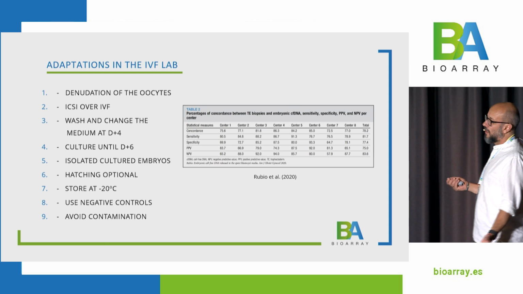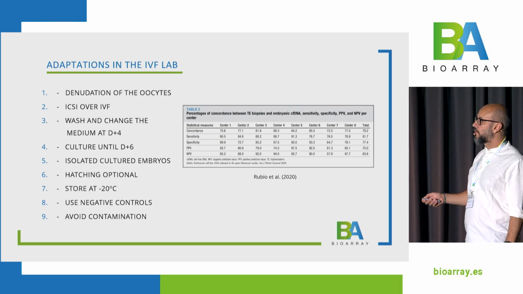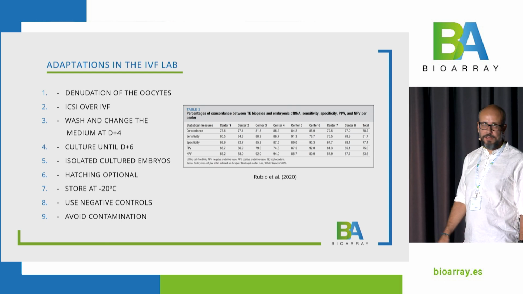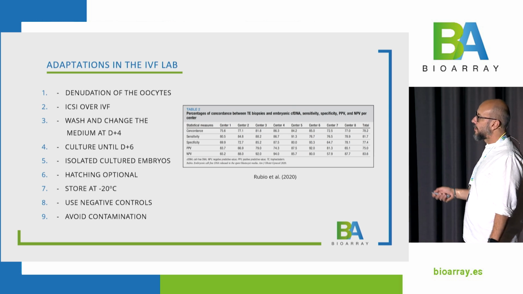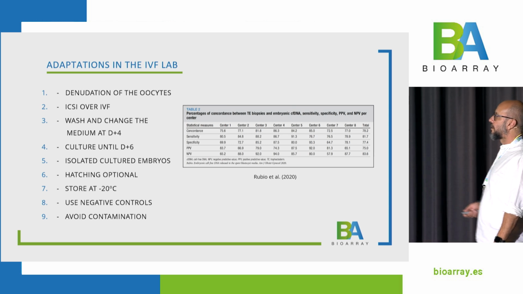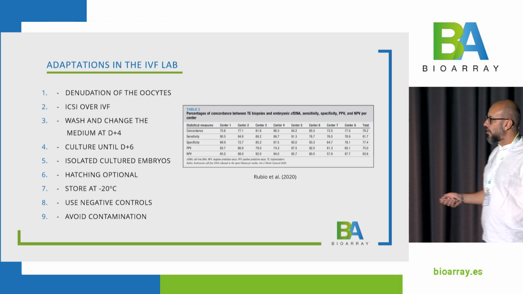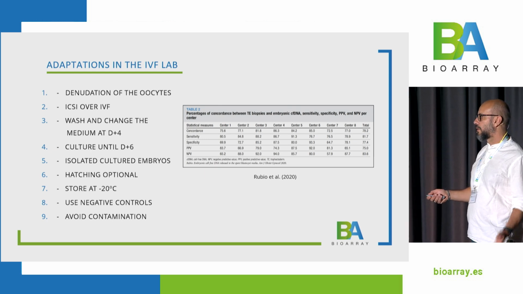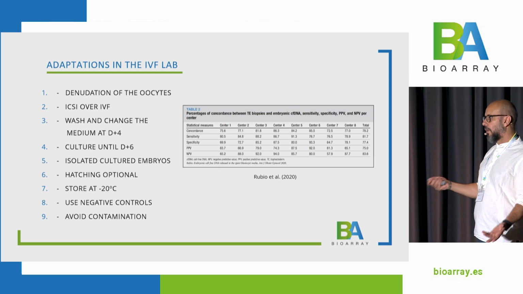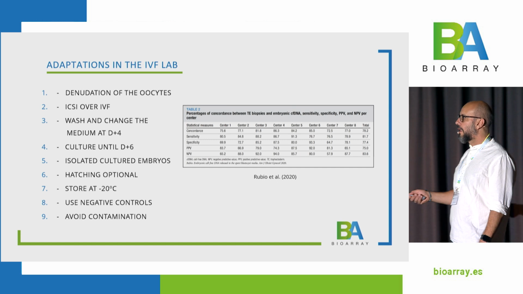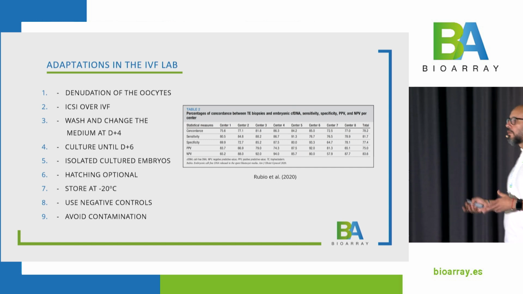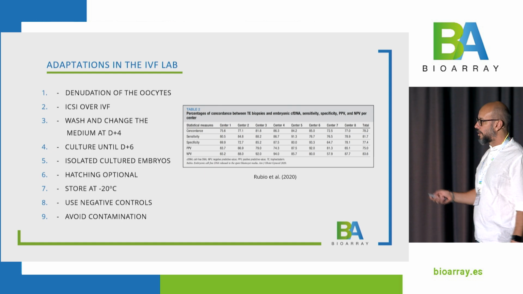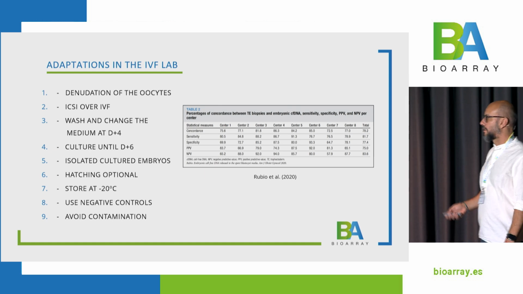And then usually it is recommended to extend the culture to day 6. Obviously, to culture the embryos isolated. You can do hatching or not. You can store the samples at -20. Obviously, it's important to use negative controls and to take a lot of care to avoid contamination from the staff in the IVF lab.